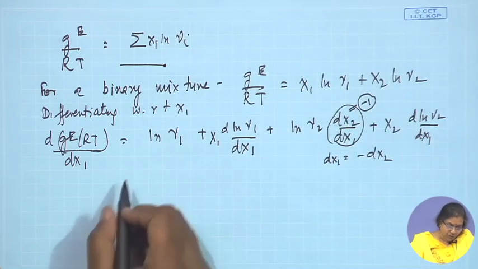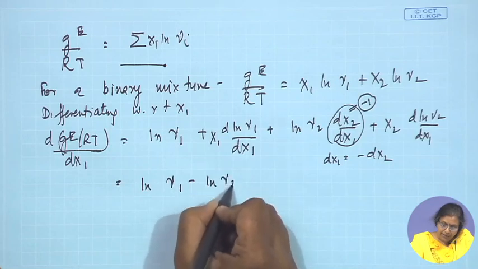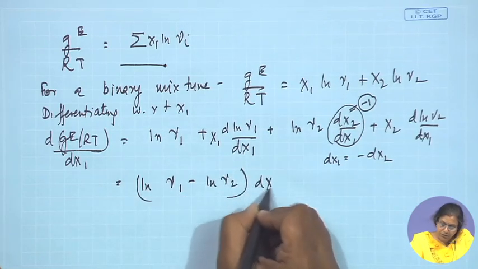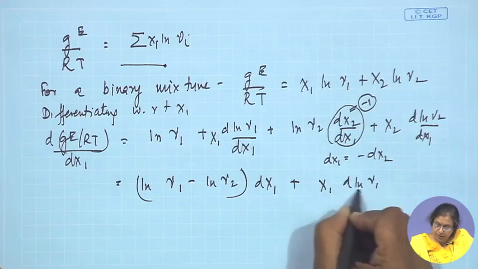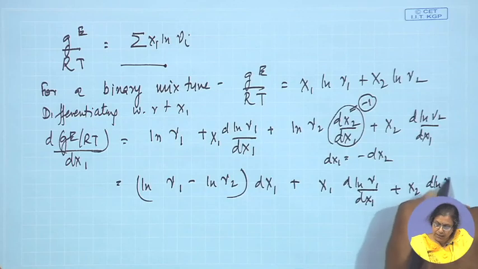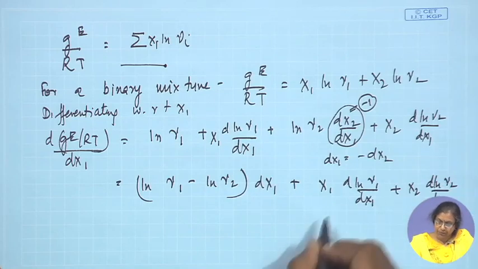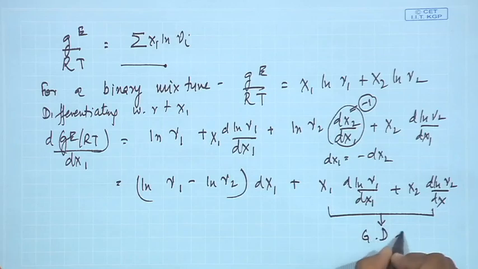So, from here what do we get? We get ln gamma 1 minus ln gamma 2, times dx1, plus x1 d ln gamma 1/dx1 plus x2 d ln gamma 2/dx2. What is this? This is one of the terms of the Gibbs-Duhem equation.